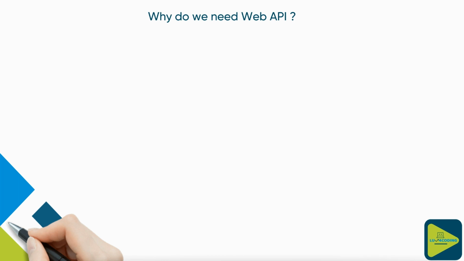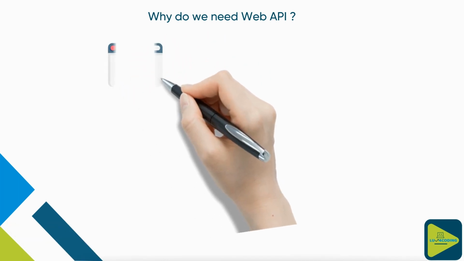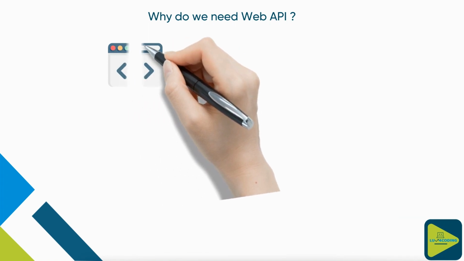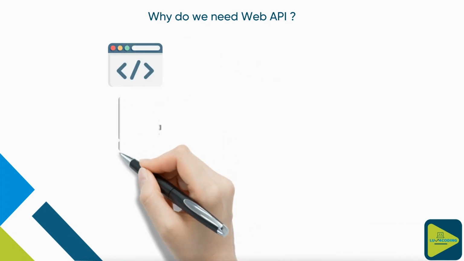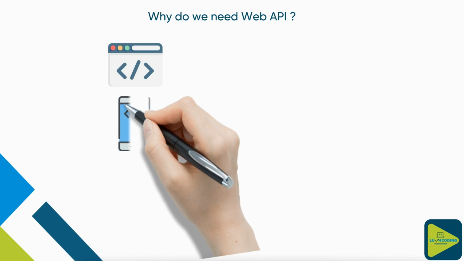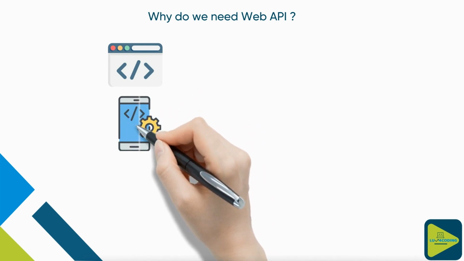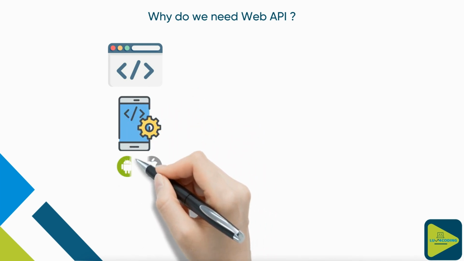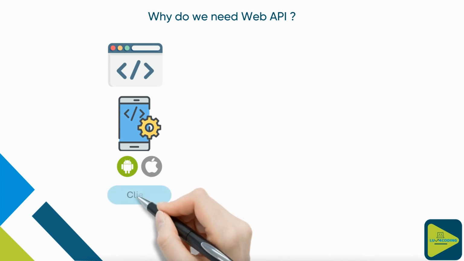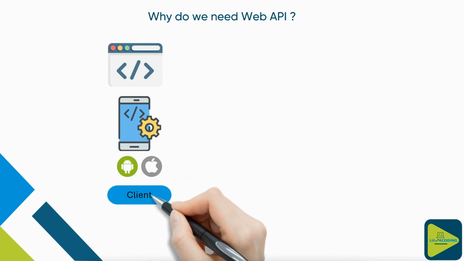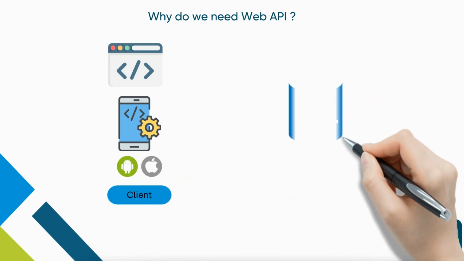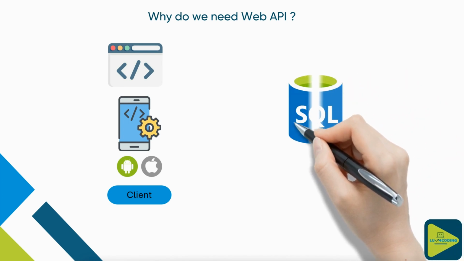Let's say you have created a fully functional website which directly communicates with database. Then after some time, along with this application, you need to build Android and iOS applications separately to support mobile devices. So now what happened is you have created three applications which are communicating with the same database.